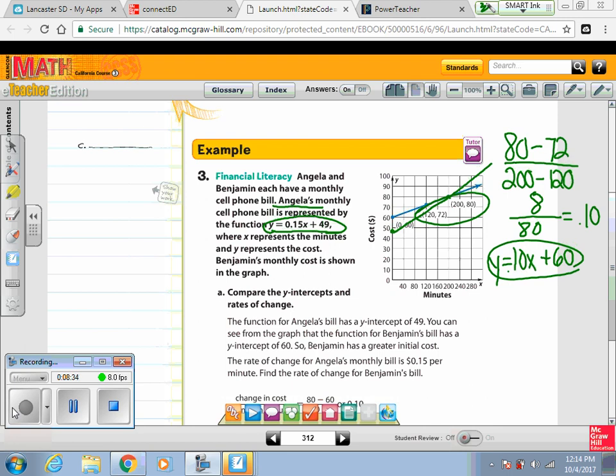So first of all, it says compare the y-intercepts and the rates of change. So Angela's y-intercept is 49, Benjamin's is 60, and Angela's rate per minute is 15 cents, and Benjamin's is 10.